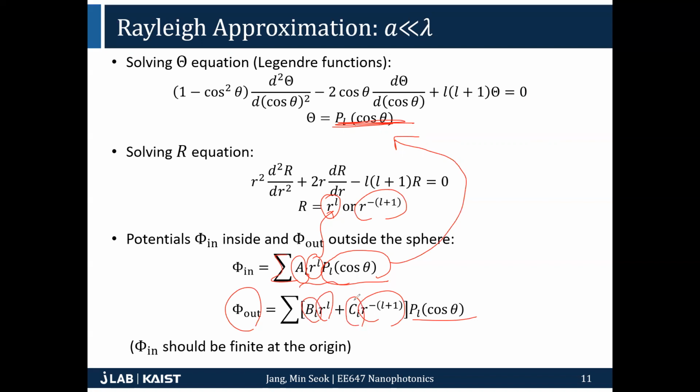So here's one quick question. Why can we not have R to the minus L plus 1 for the inside field? Outside, we said it's a linear combination of R to the L and R to the minus L plus 1. But inside, we intentionally didn't include the R to the minus L plus 1 term. Why did we do that? Can anyone answer this?